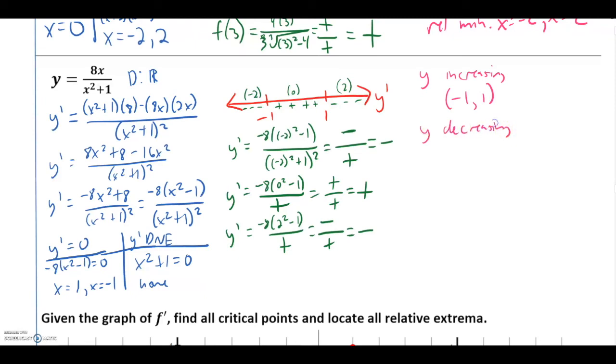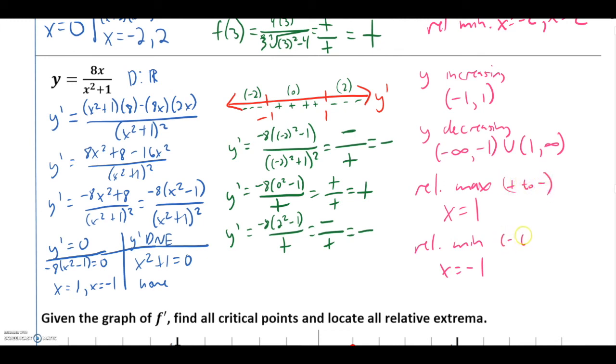Y is decreasing when our y prime is negative, so from -infinity to -1, and from 1 to +infinity, which will give us a relative max happening at x equals 1, and a relative min occurring when x equals -1. Again, just make notes to yourself. This is a positive to negative switch. This one is a negative to positive switch on our y prime.